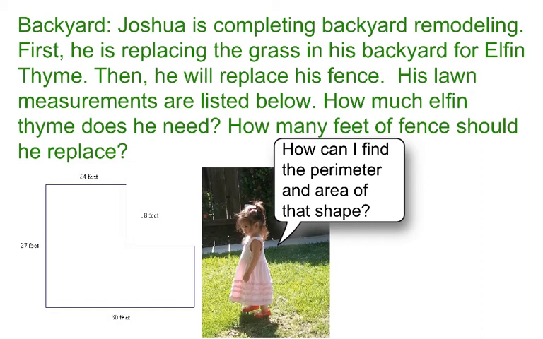Well, we can look at this figure, and some of you might say, well, Ms. Salvador, I don't have all the measurements for every piece of the perimeter or to find the area. And that's because we do have to use the power of deduction. So looking at our first piece, we have 24 feet. We need to know this section. Well, we know that the bottom entire section is 30 feet.